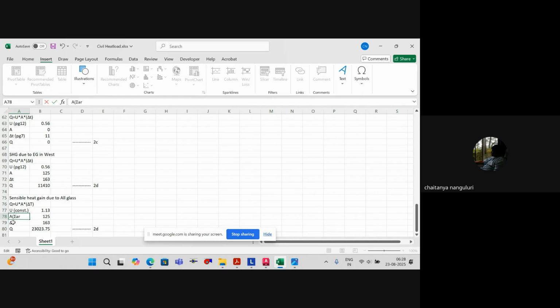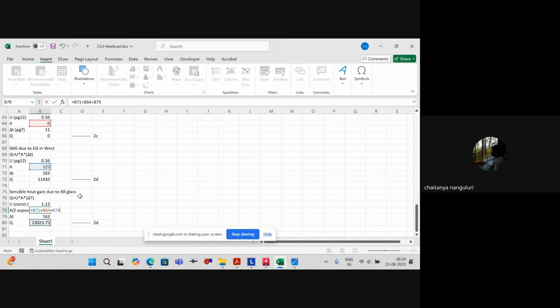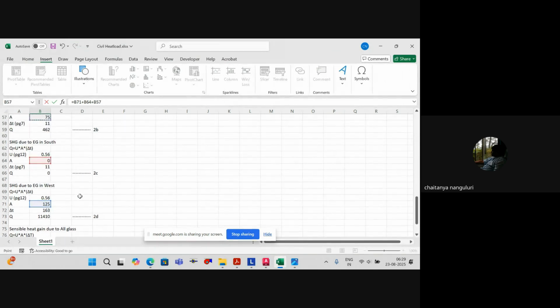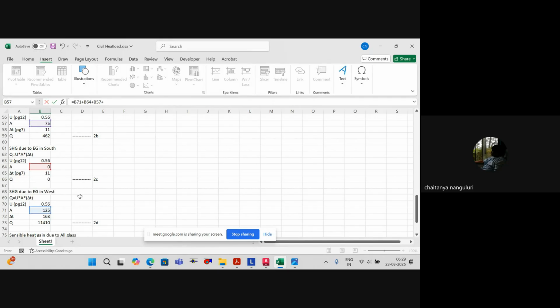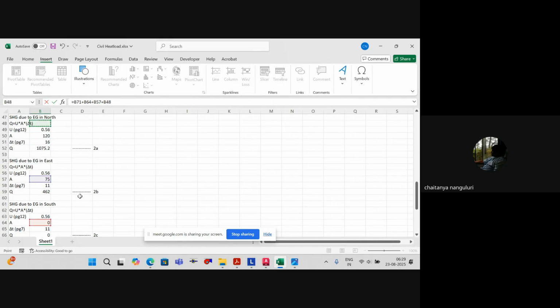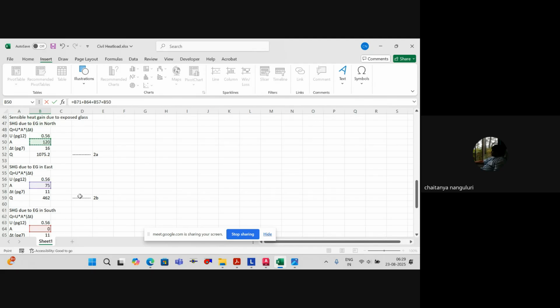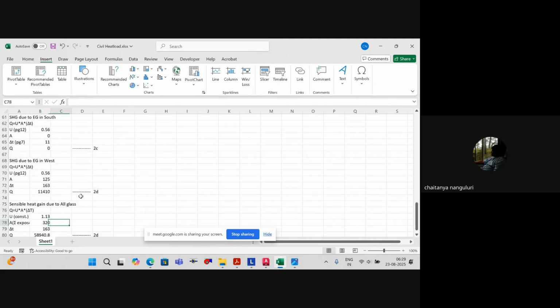Sum of all exposed glasses, area of exposed glasses. And this is equal to the summation of this one plus this guy plus. So this is your total area that we get.